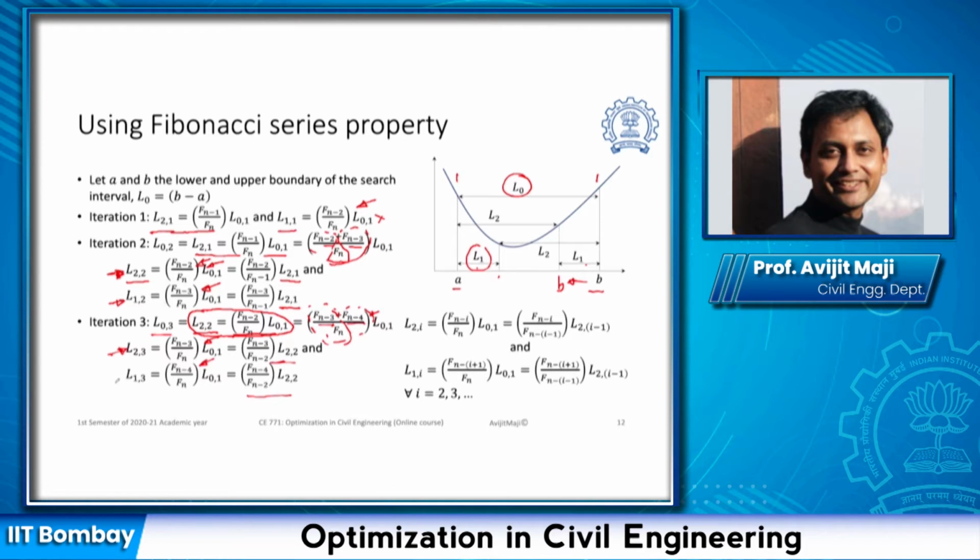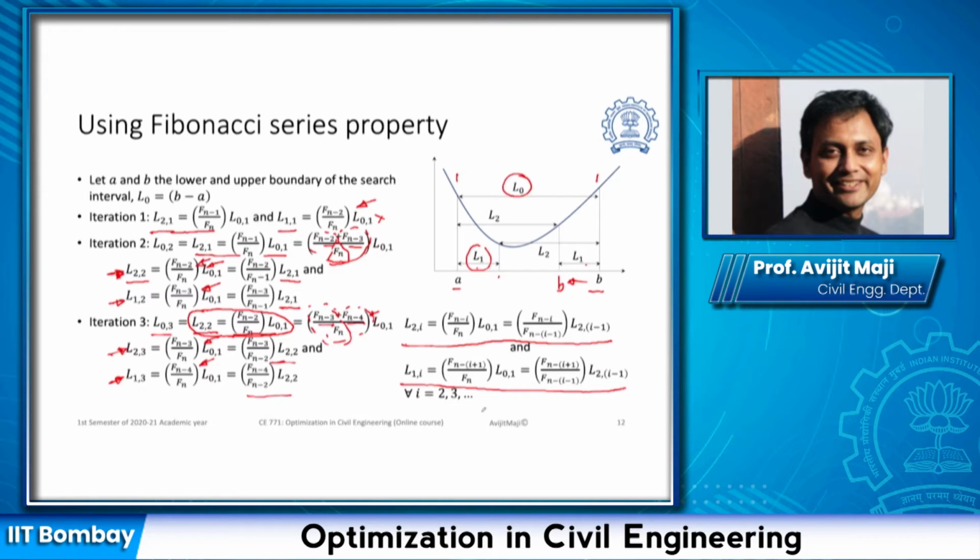If we retain it, we just need to compute it once for this point. So in any iteration, whenever we are calculating L2 and L1, we can generically represent L2 in this format, and L1 in this format.